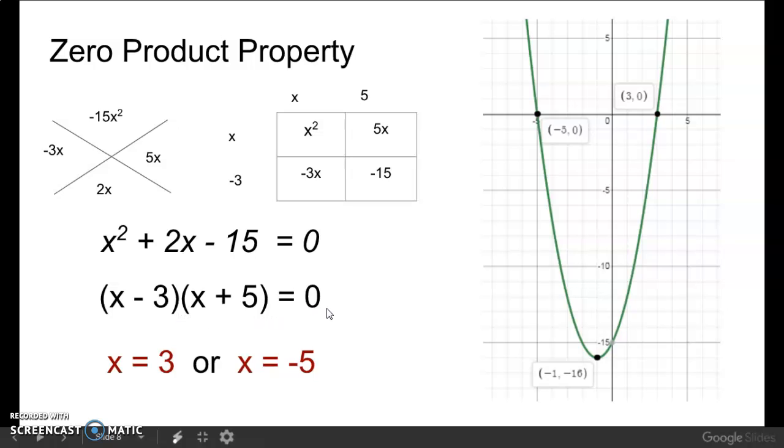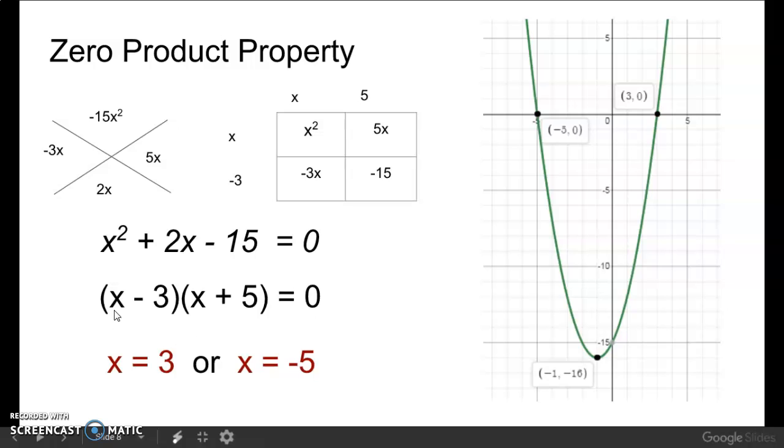Now here's the next step, and I need you to listen really carefully. Zero product means anything times 0 equals 0. So we have two possibilities. We have (x - 3)(x + 5) equals 0.